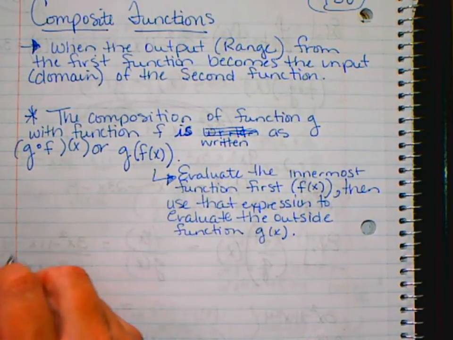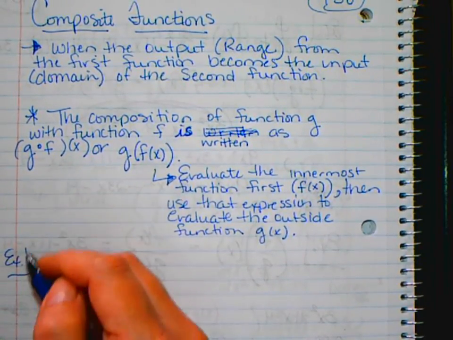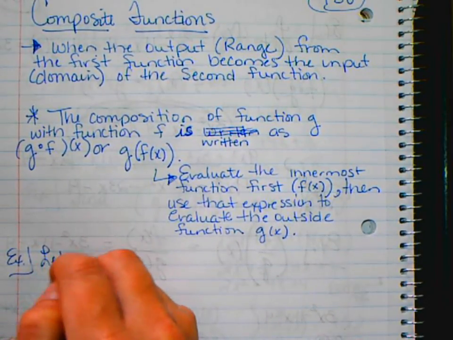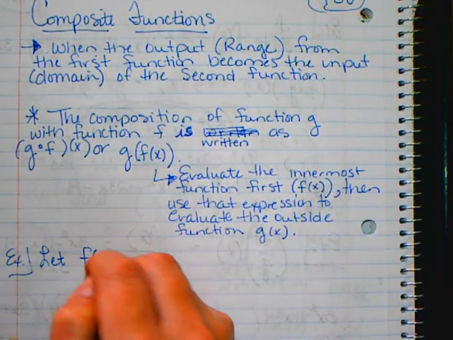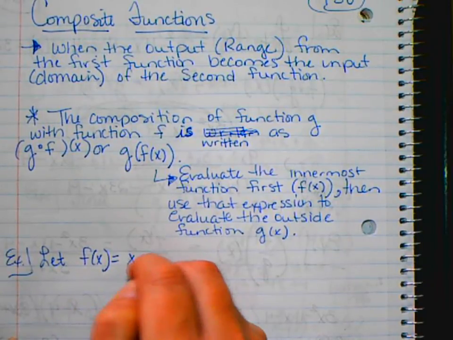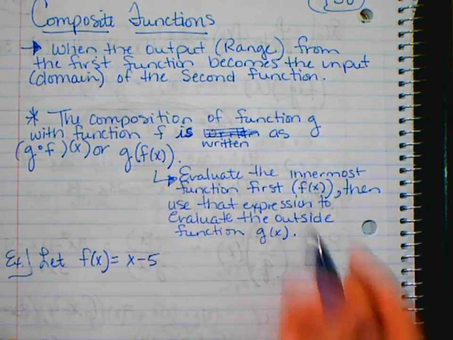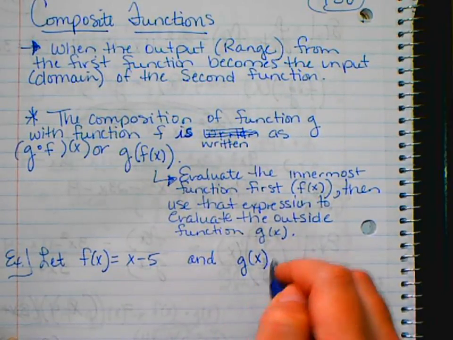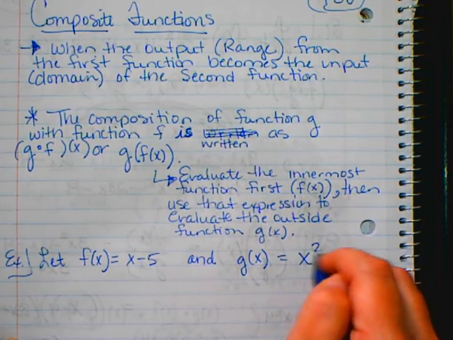So, for example, I'm going to give you two functions, function f and function g. We're going to let f of x equal x minus 5 and g of x equal x squared.